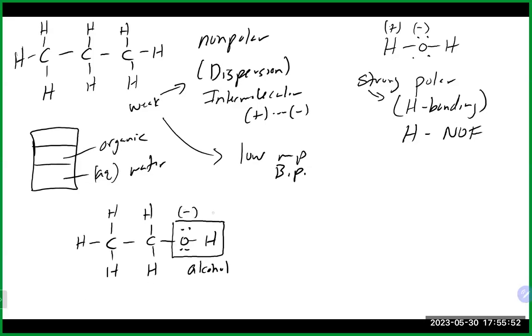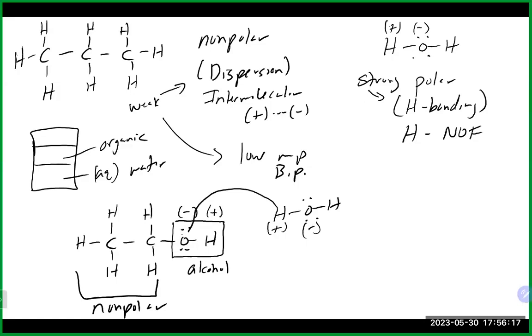It is partially negative on the oxygen, and partially positive on the hydrogen. It still has a second part that's nonpolar, but it does have that spot right there, which is polar. And that gives something like ethanol, which is what this is, the ability to be fairly soluble in water, because again, they are able to do some hydrogen bonding to each other through those.